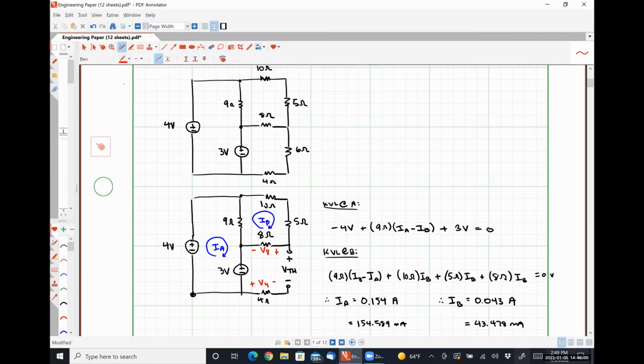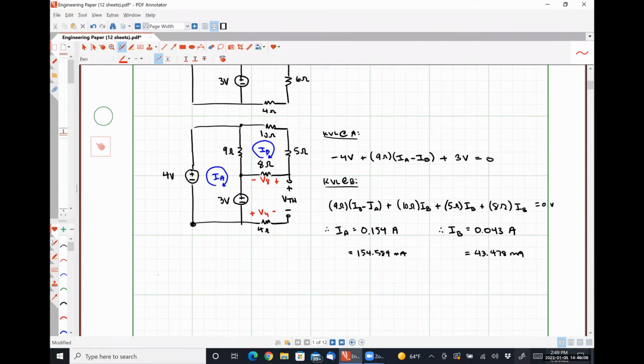And I can write a Kirchhoff's voltage law equation around that bottom right-hand path that will effectively give me VTH, my Thevenin voltage that I'm looking for, is the voltage drop over the 8 ohm resistor with the polarity I've drawn, plus 3 volts, plus V4. The voltage rise of VTH is equal to the voltage drops around that closed path.